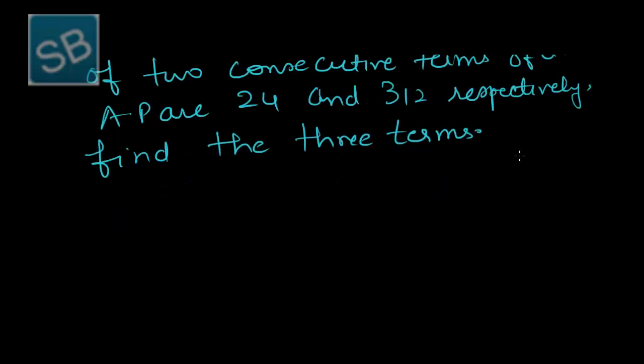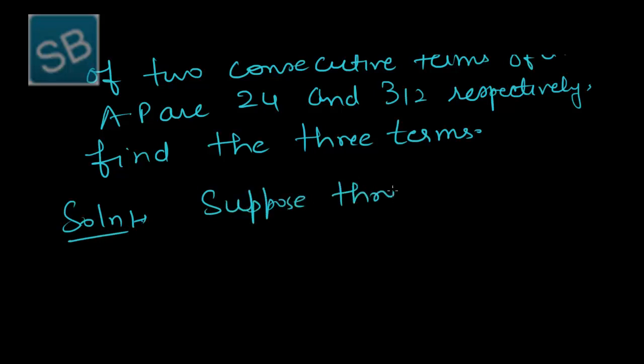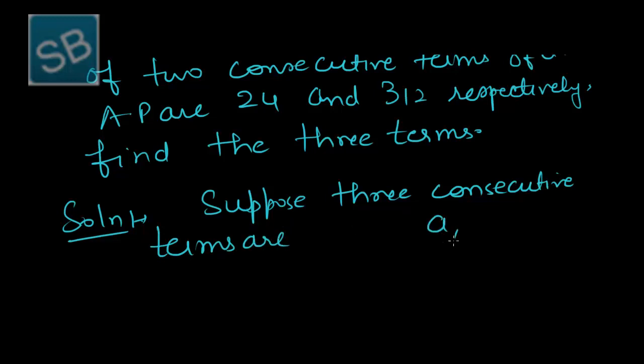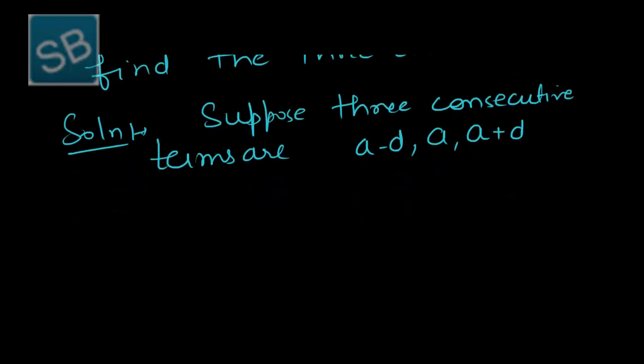Now the solution. Suppose three consecutive terms are as described earlier: the middle term will be A, the succeeding term increased by D, and the preceding term decreased by D. So these are three consecutive terms of an AP.